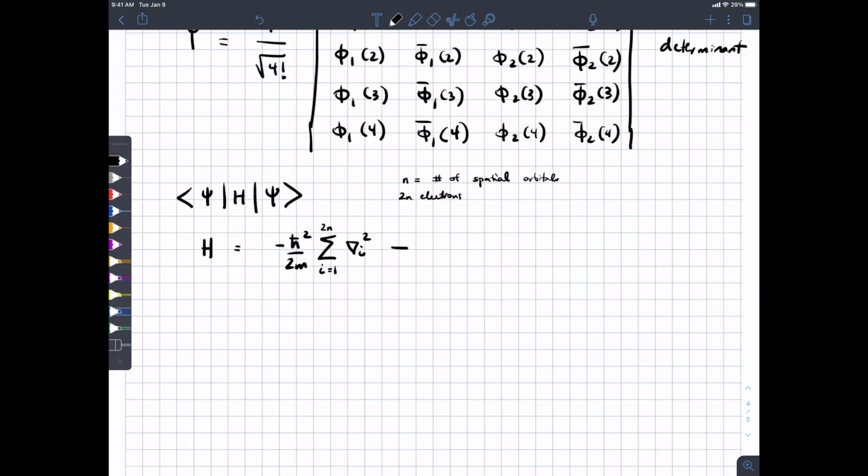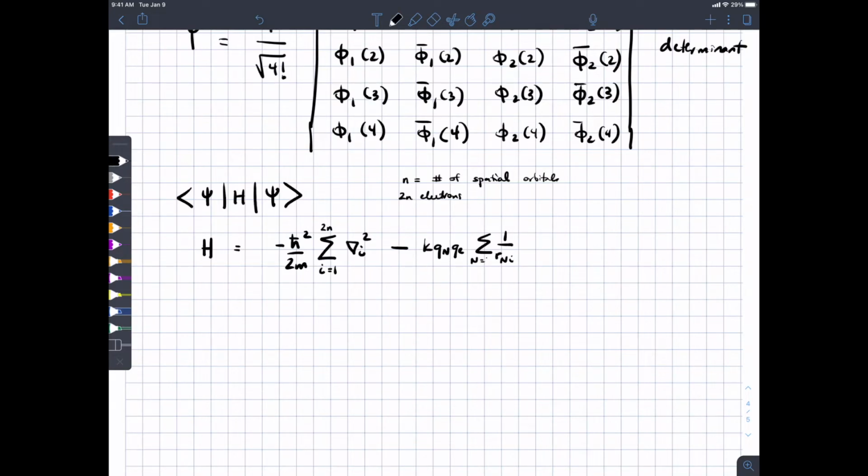So that's the kinetic energy term. Then on top of that, we have Q of a nucleus, Q of an electron, and then the sum of the distance between a nucleus and the electron I. And we're going to just sum that over all nuclei.